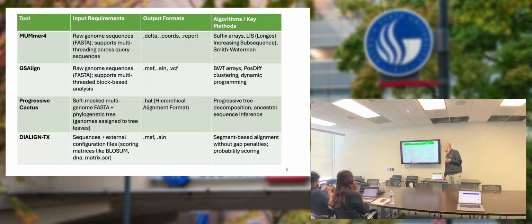And speaking of the algorithms, these are the tools that I considered for my review paper. So there are two key approaches, seed chain align and seed and extend. So these all follow seed chain align algorithm, and seed and extend is used in BLAST tool.